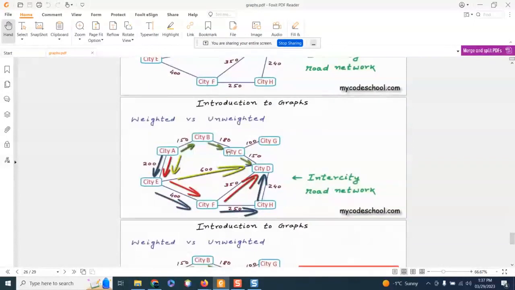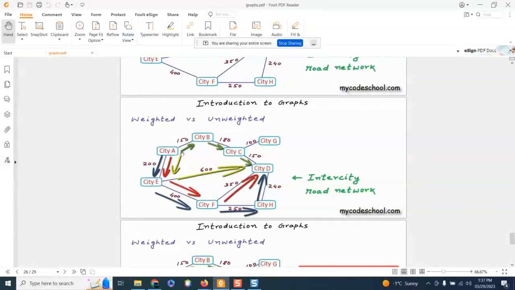I'm coming towards the end of this, but look at this. If I need to go from city A to city D, from the look of it, we think, oh, this will be the shortest path, with the small connection between the arrows.